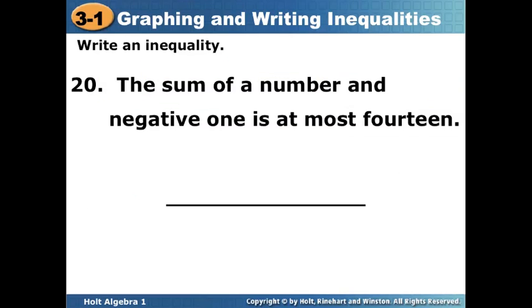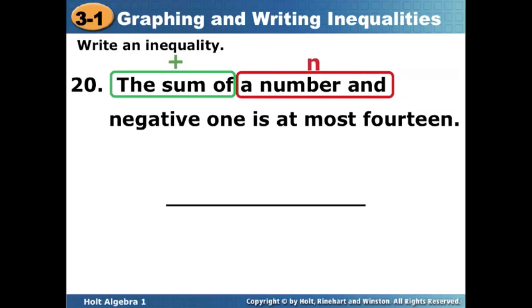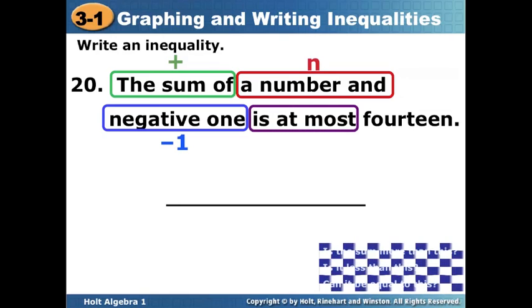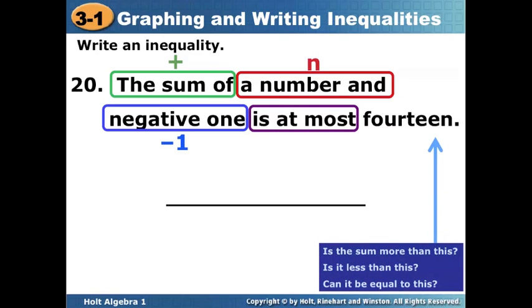Example number 20. The sum of a number and negative 1 is at most 14. The sum is addition of a number, so use a variable n, and negative 1 is at most. This is where you've got to be careful. Is the sum more than this? Is it less than this? Could it be equal? If the sum of a number and negative 1 is at most 14.